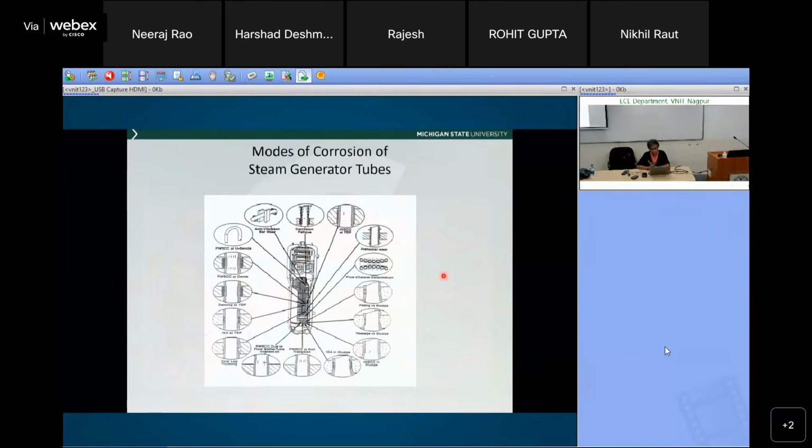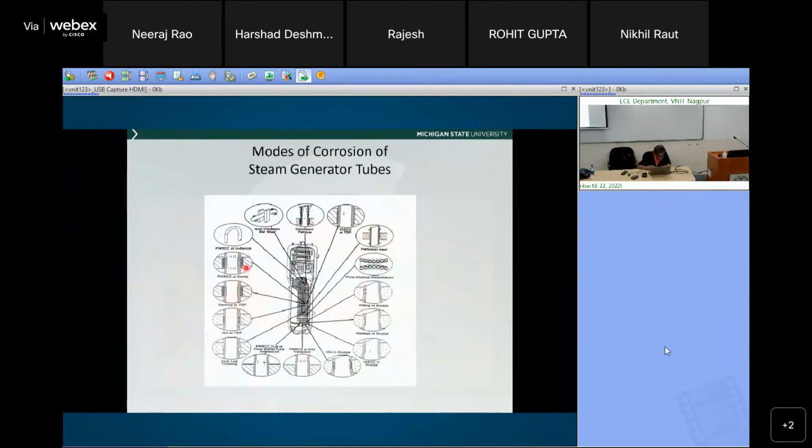Now, there are a number of types of defects that are created in this particular scenario. As I mentioned earlier, this is the support structure. This is the case where you have the tube, the support, and a lot of crud that is deposited. So the tube itself bends.